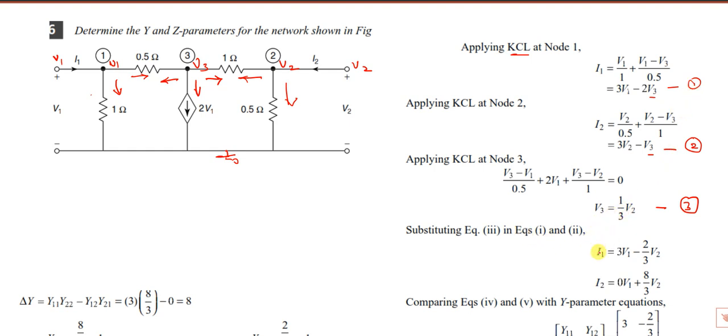You are going to get I1 equal to 3V1 minus 2V3. I'll write that one equation, and the remaining you can do in your notes. So I1 is equal to 3V1 minus 2V3, and the V3 value is 1 by 3 V2.